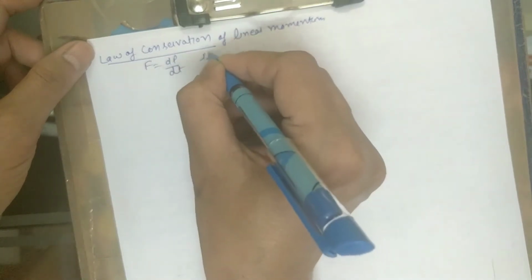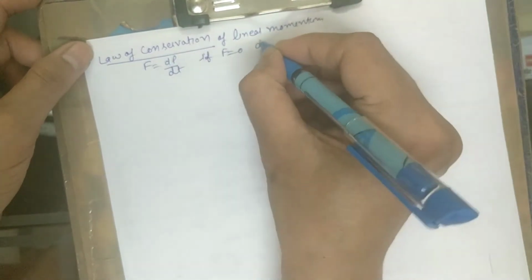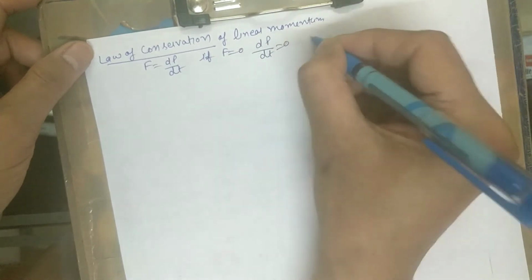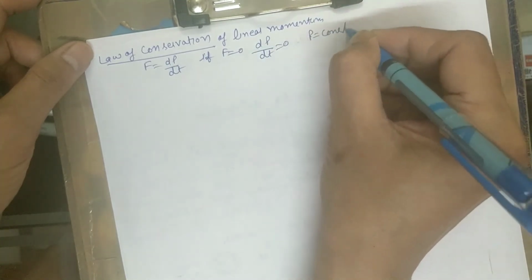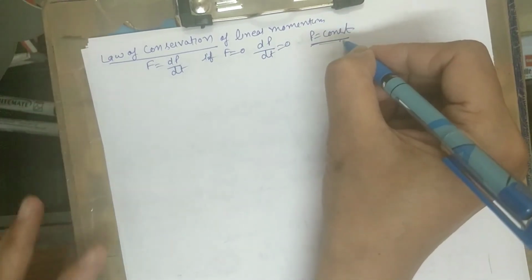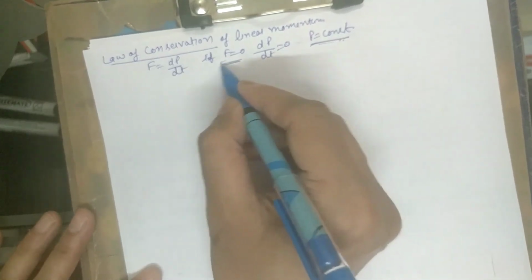If F is equal to 0, then the change in momentum is 0, or p is constant, meaning the momentum is conserved when there is no external force, or we can say for an isolated system momentum is conserved.